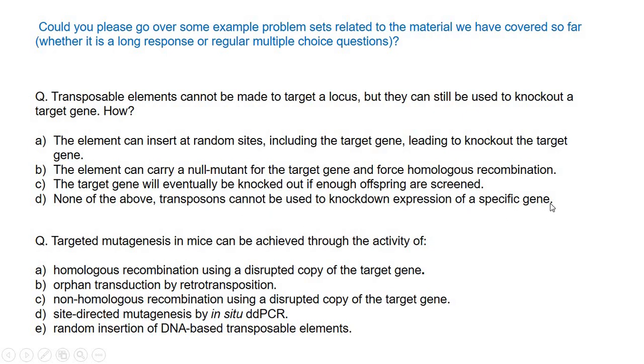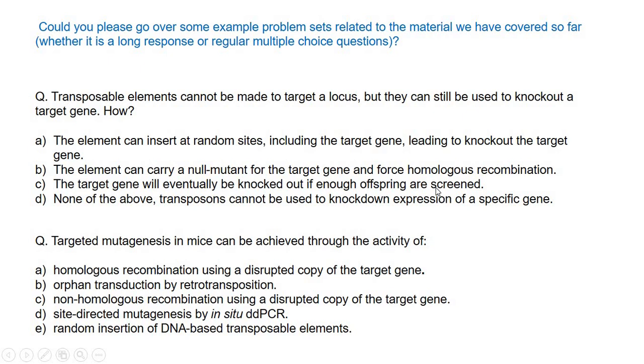None of the above, transposons cannot be used to knock down expression of a specific gene. But that's incorrect, because we did talk about several examples where transposable elements have been used to knock down or knock out expression of specific genes, right? Transposable elements are actually the most widely used way to knock out a gene to make transgenic animals or transgenic plants. So this is incorrect.